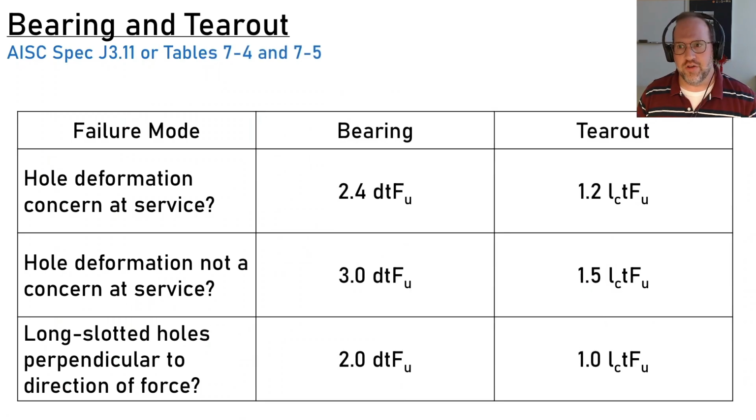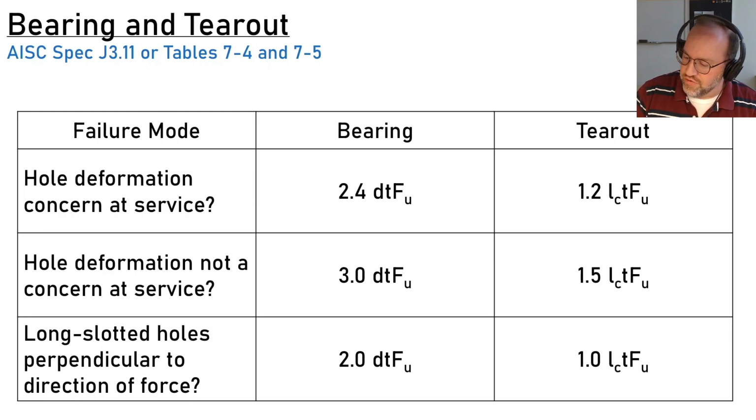So if we look at bearing or tear out, these used to be combined into just one single equation, but it's been more deliberately separated in more recent versions of the code. This is going to be in Spec J3.11 or Tables 7-4, 7-5. Personally, I don't love the tables for this case, so I just use the equations because, as you can see, the equations are pretty straightforward.